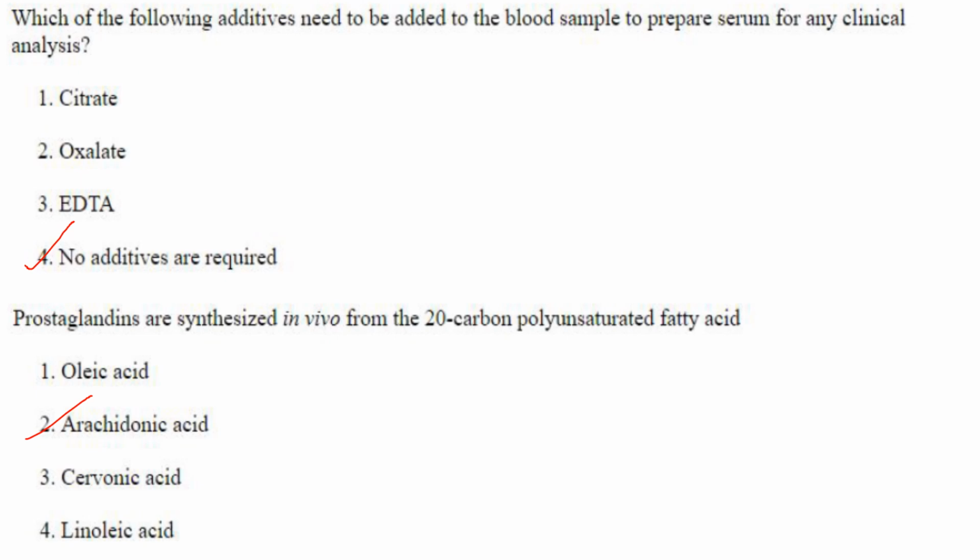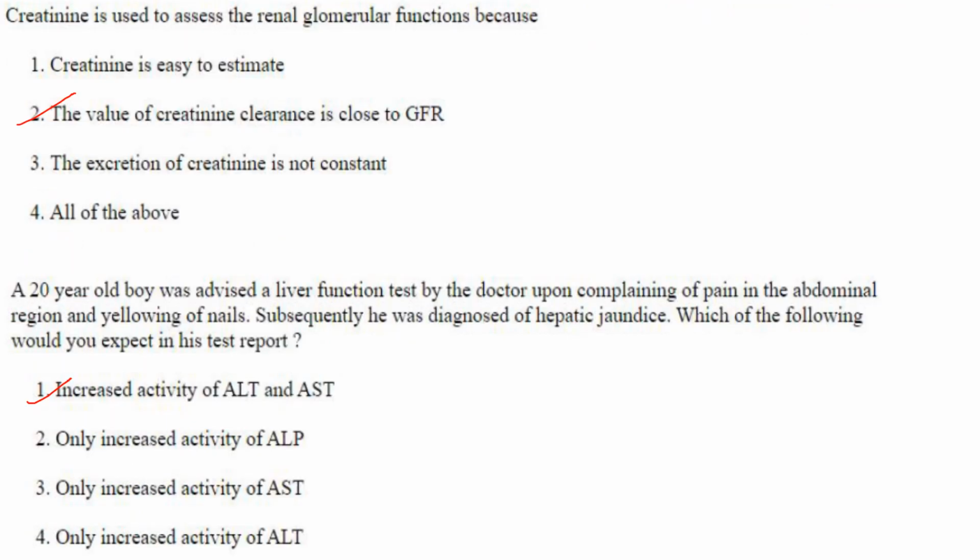Then next one. Prostaglandins are synthesized in vivo from the 20-carbon polyunsaturated fatty acid. So which fatty acid is involved in prostaglandin synthesis? It is arachidonic acid. Answer is option 2. Then next one.